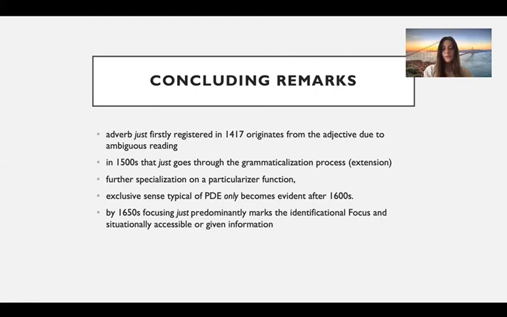It is assumed that it's not until 1500s that just goes through the grammaticalization process, extending its original Middle English sense, with the significant rise of the adverbial component in 1600s, 1650s. Thus, its initial meaning of exactly or precisely is enriched with further specialization of the particularizer functions, while its exclusive sense, typical of present-day English only, becomes evident after 1600s.